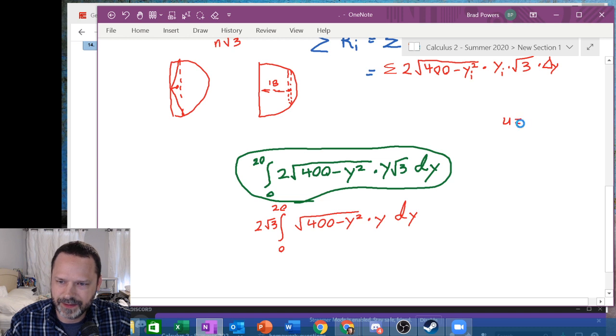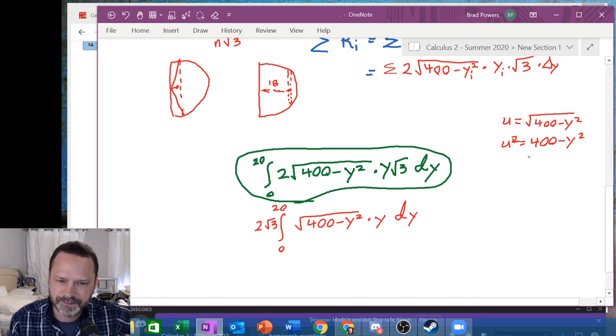Let's see here. If we did u equals root 400 minus y squared, u squared would be 400 minus y squared.